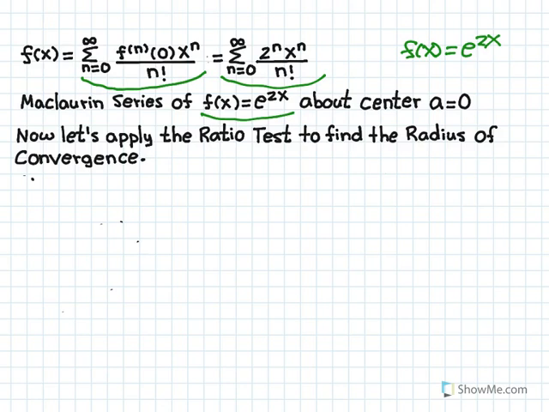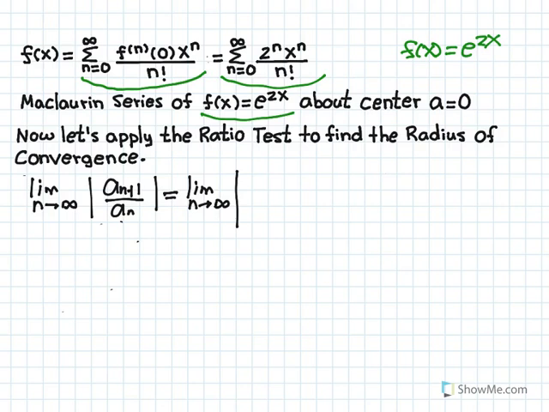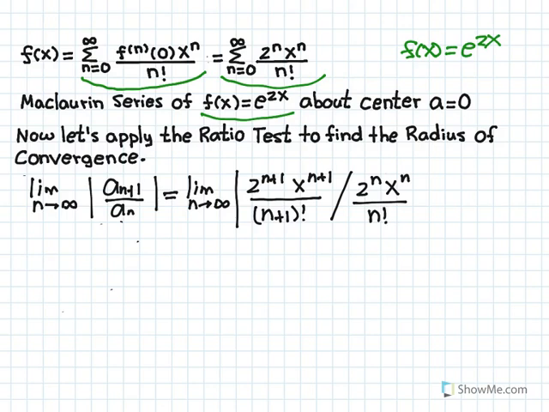So we have the limit as n approaches infinity of a sub n plus 1 divided by a sub n. This is equal to the limit as n approaches infinity. Let's look at the n plus 1th term. So we get 2 to the power of n plus 1, x to the power of n plus 1, divided by n plus 1 factorial, divided by 2 to the power of n, the nth term, x to the power of n, divided by n factorial.